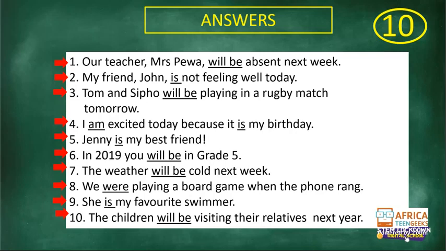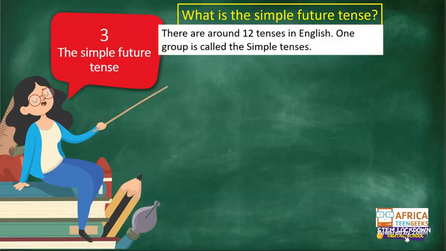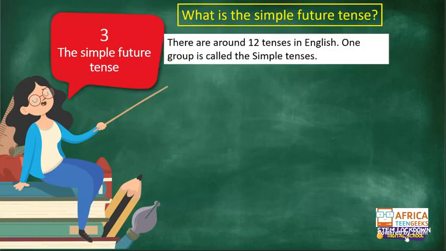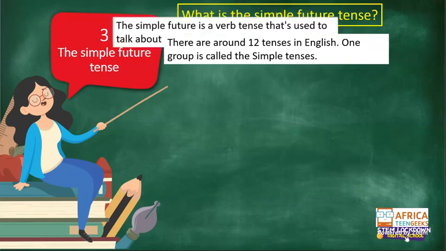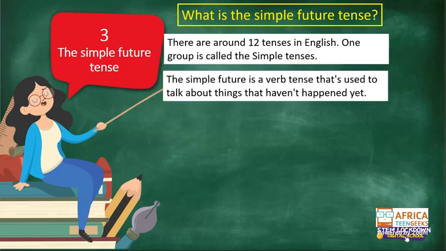Right. So now we're going to the simple future tense. You know that there are about 12 tenses in English, and one of these groups is called the simple tenses. The simple future is a verb tense that's used to talk about things that haven't happened yet. For example, she will make a delicious cake.